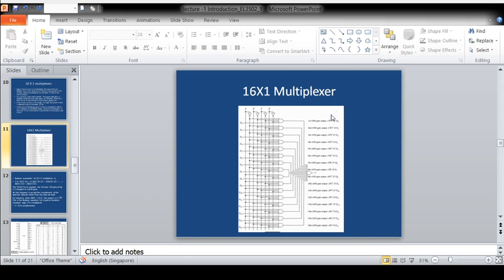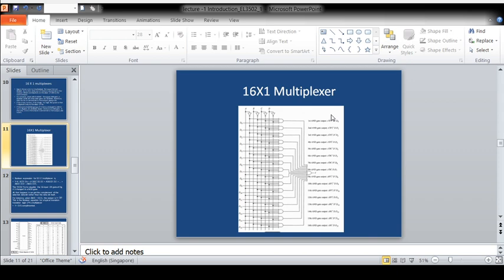In the 16 to 1 multiplexer, it is the same way as you have studied previously: any one of the inputs is steered at the output depending upon the value of ABCD. If the value of ABCD is 0111, then D7 is going to be selected and Y takes the value of D7.